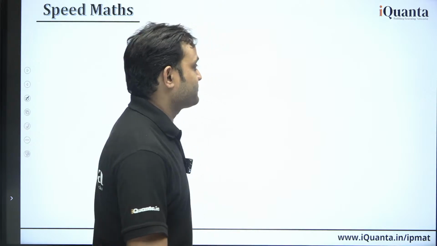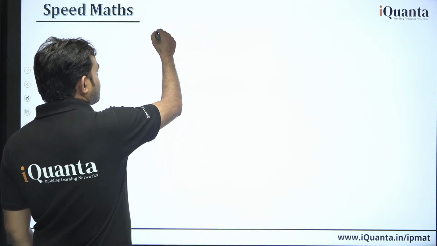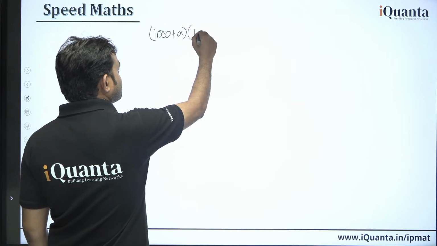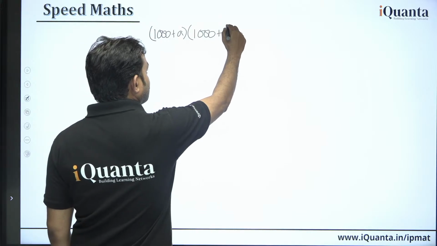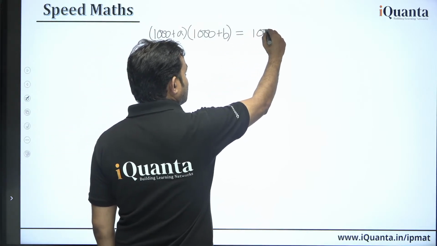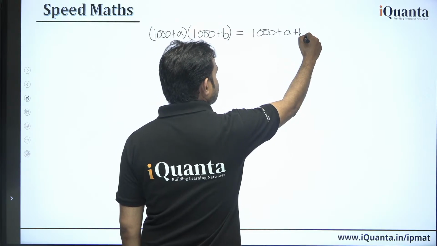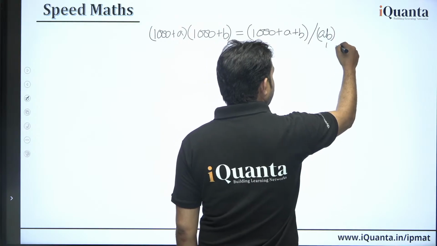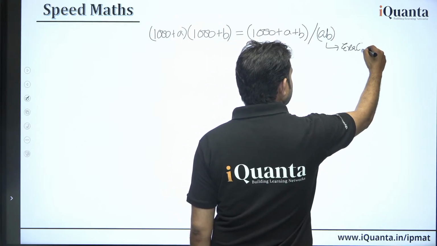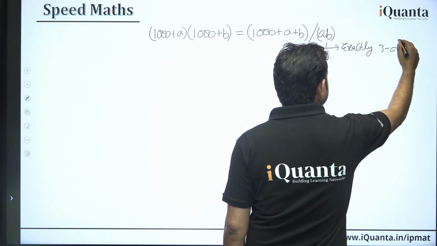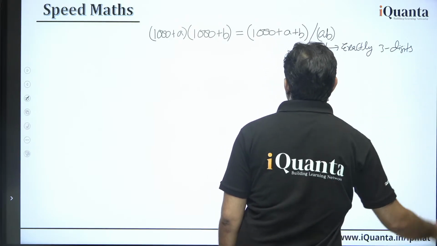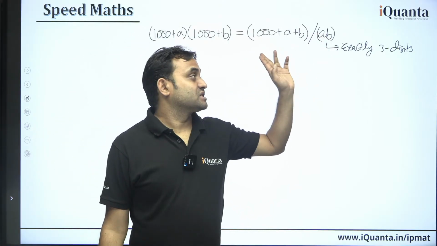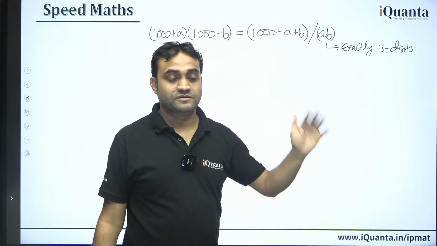So in that case, if you need to find, let's say, 1000 plus A into 1000 plus B, then this will be equal to 1000 plus A plus B, slash AB, where AB will have exactly 3 digits. 100 has 2 digits, that's why it should be 2 digits. 1000 has 3 digits, this should be 3 digits.